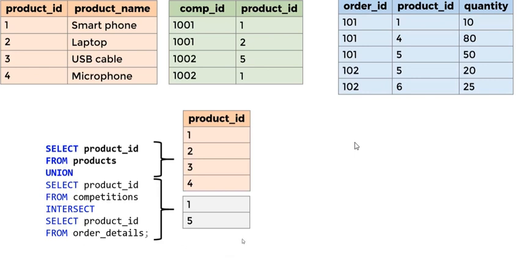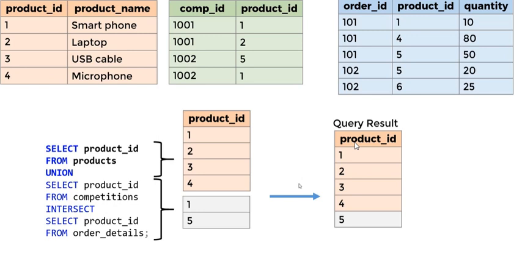With 1 and 5, the union gives 1, 2, 3, 4, so you will get 1, 2, 3, 4, 5, right? Union does not give you duplicates.